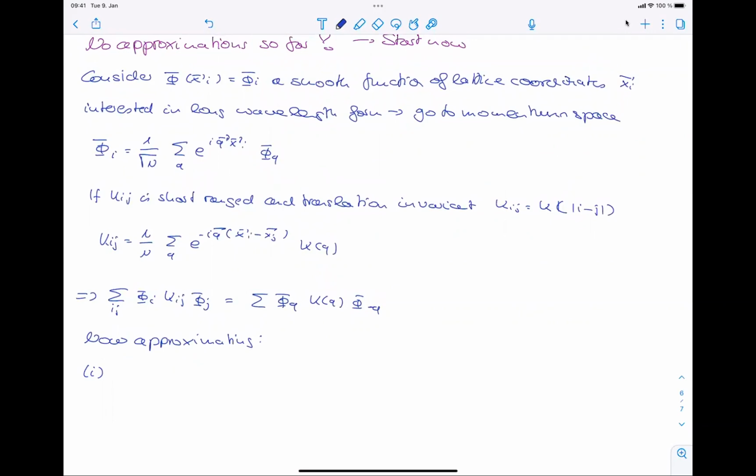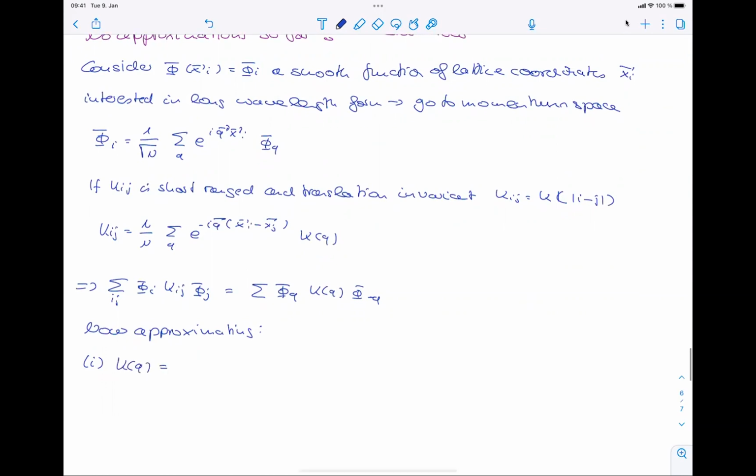We said it's short range, so we assume that we can expand this function in terms of the wave number q, and remember we are interested in small q, and this is short range, so we get q squared.